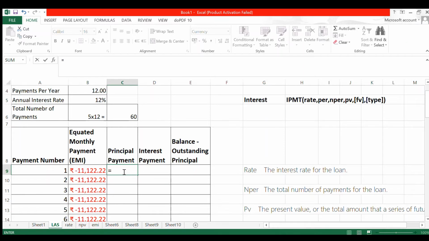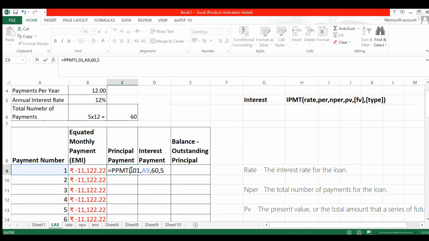So we are using PPMT, and here also, since we have to give the same interest rate, we are giving the first month principal payment amount. The number of payments is 60, which will remain the same.